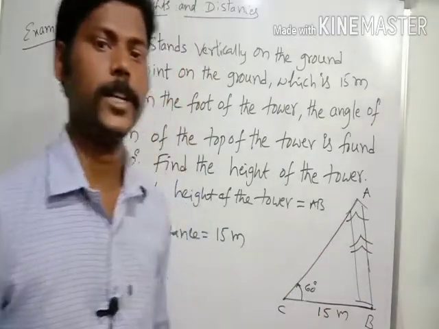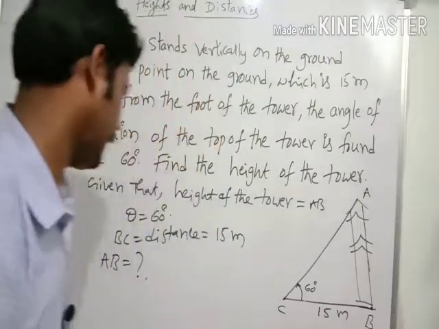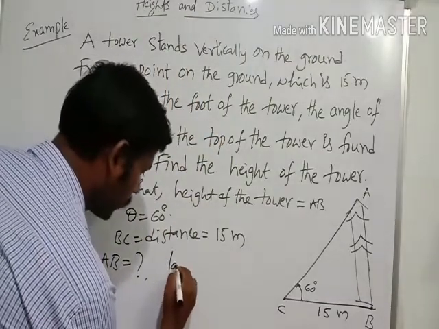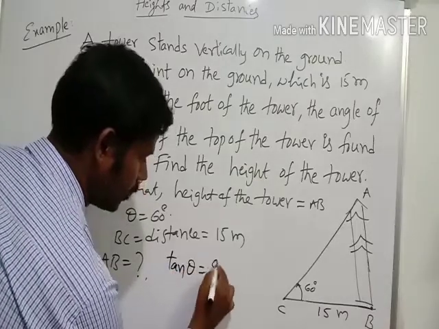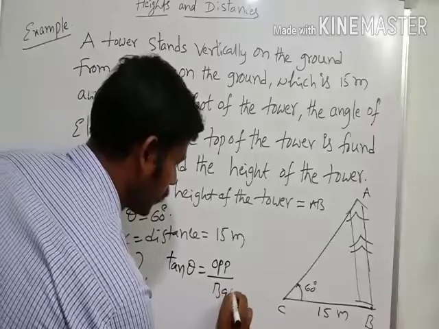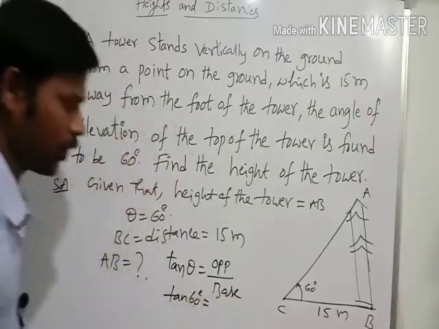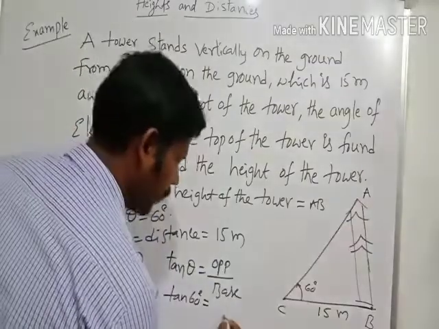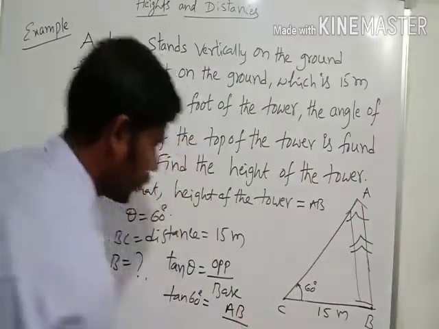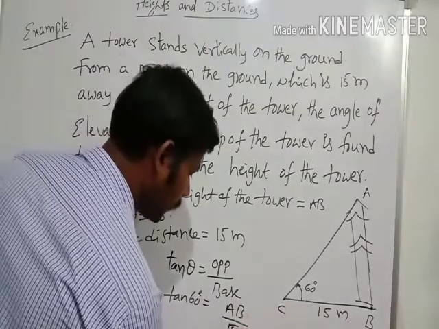So which trigonometric ratio is sufficient to solve this problem? Tan theta. Because why? We know the concept. What is tan theta? Opposite by base. Okay, children. So tan 60 degrees is equal to what, children? Opposite, how much? AB. We don't know. AB by base, how much? 15.